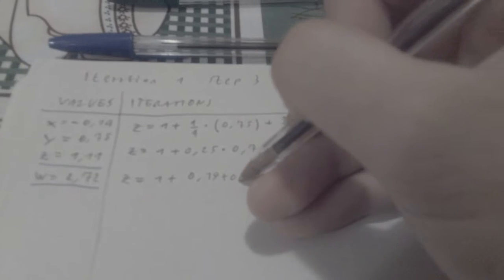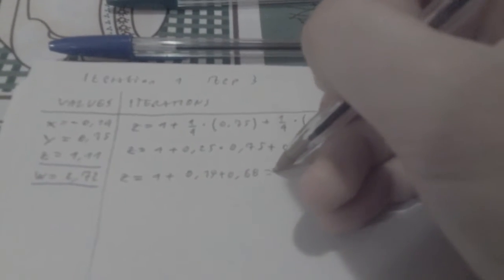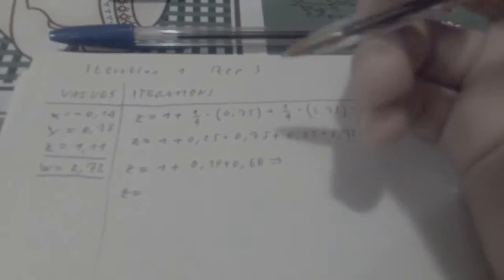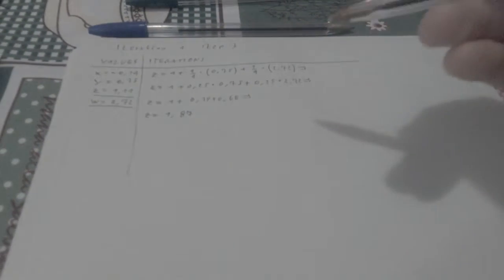This is going to become 1 plus 0.19 plus 0.68, which is going to give us our new approximation of z, which is roughly 1.87. Okay, now that we got a new approximation for z, we're going to go on again and go to step 4, find a new approximation for w. So iteration 1, step 4.